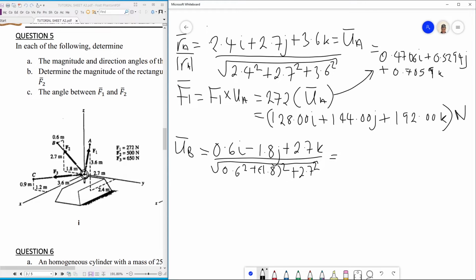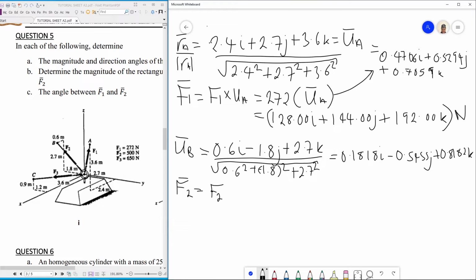And this unit vector will be equal to 0.1818 I minus 0.5455 J and plus 0.8182 K.